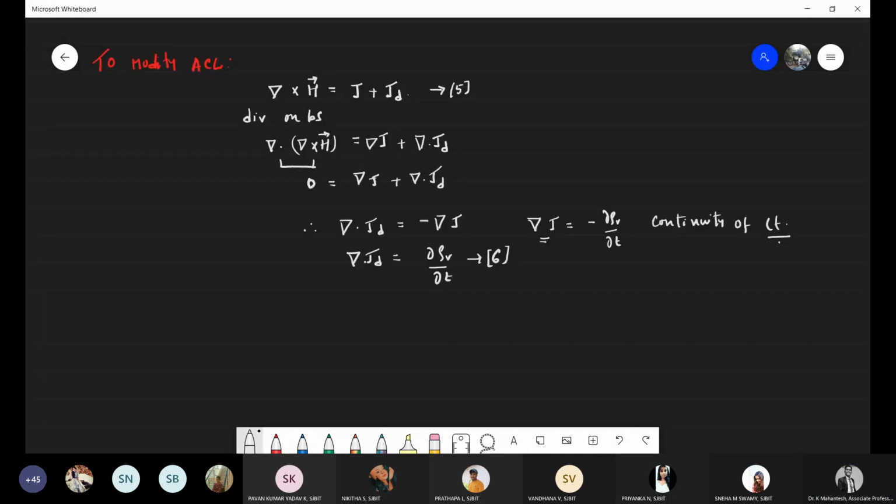But what is rho v here? If you carefully observe, Maxwell's first equation, del dot D, the divergence of flux density, is equal to rho v. As I've already told you, in the capacitor, what was the cause of displacement current here?